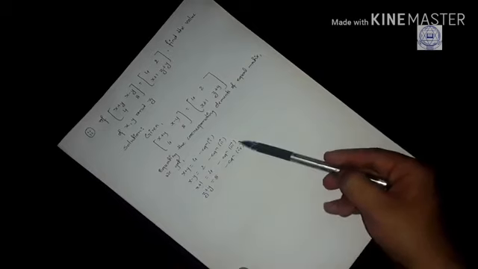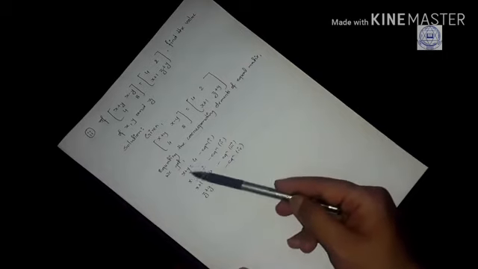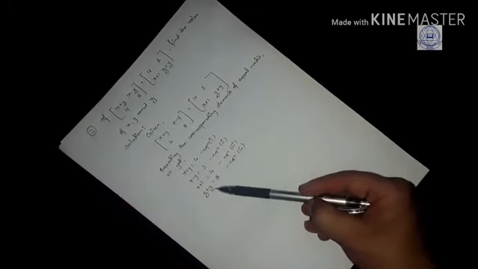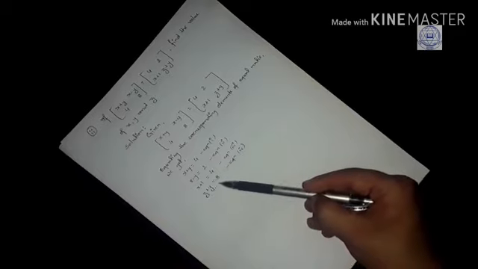So from the third equation we can find the value of x, and then we can put the value of x in any one equation here and find the value of y. And then after finding the value of y, we can find the value of z by putting the value of y in this equation. So we will follow the same way. I will take first equation number 3.